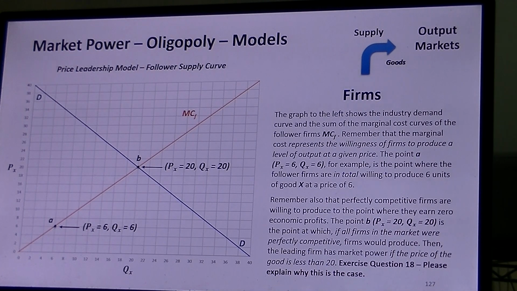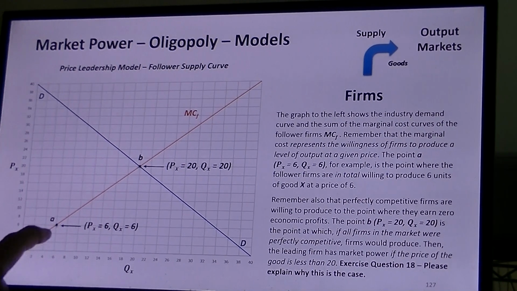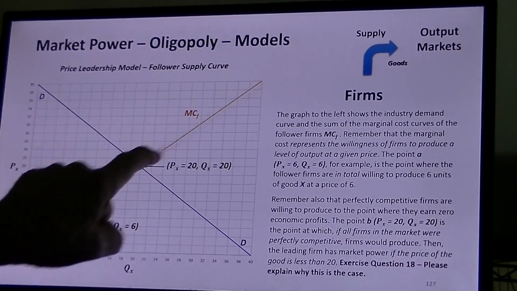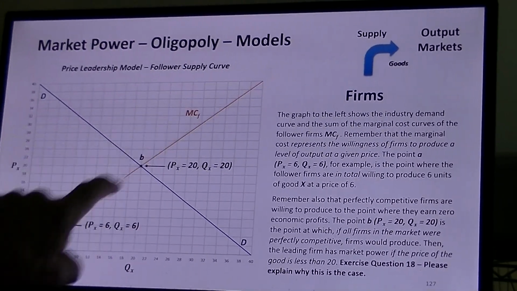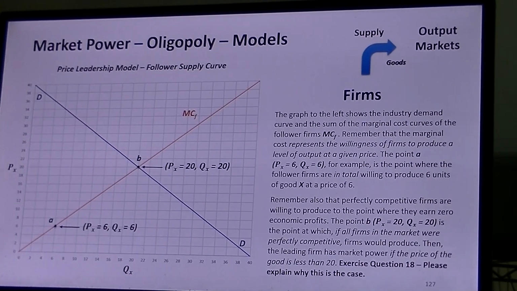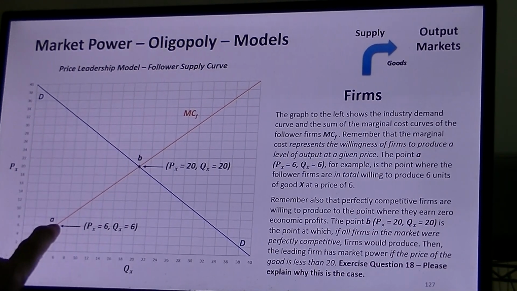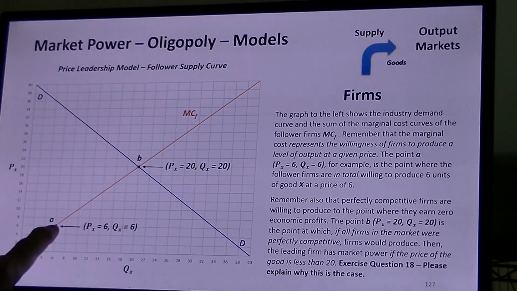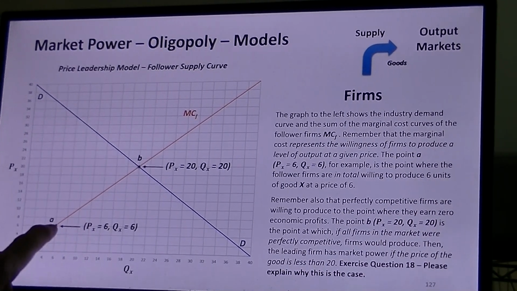So the marginal cost curve is in effect a supply curve. This is the supply curve of the follower firms. This is what the follower firms are willing to produce. For example, here I show this point A, Px equals 6, Qx equals 6.